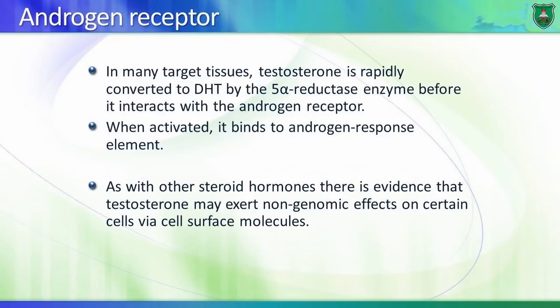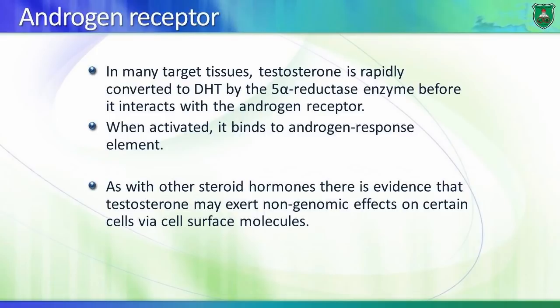Now, the androgen receptor is regulated by androgen, and testosterone is an androgen, but it's not the very active form. Rather, testosterone has to be converted to dihydrotestosterone, DHT, by an enzyme known as 5-alpha reductase. And this is the potent agonist.